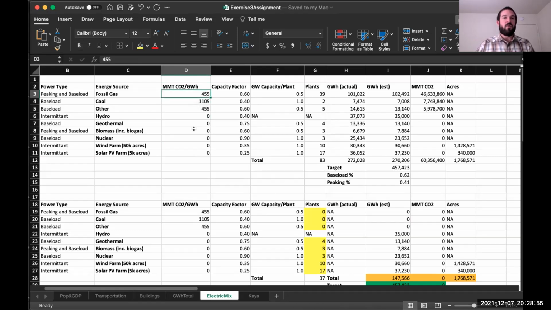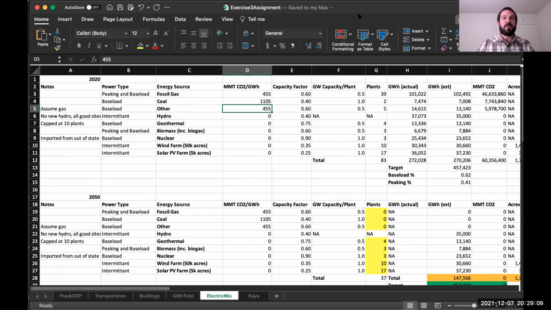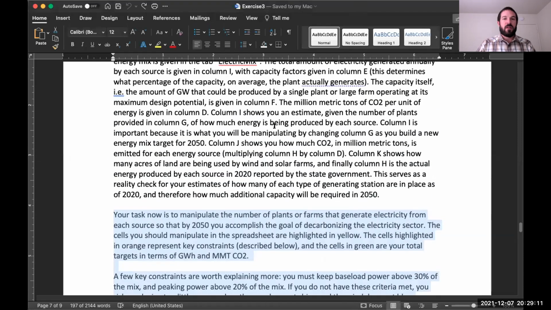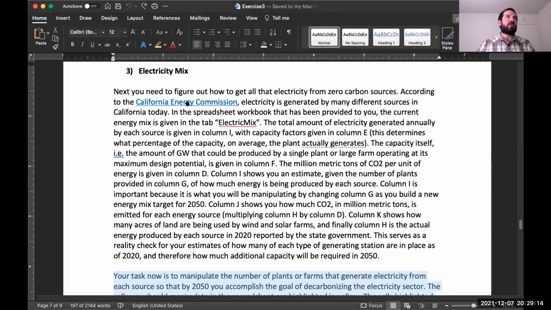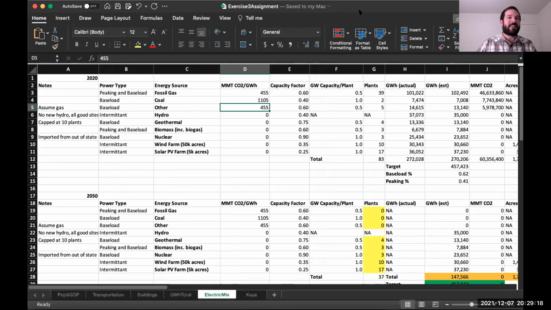For fossil gas, we're looking at half or thereabouts of coal. For other, we're just going to assume that other is gas. The reason there's an other category is because we went to the California Energy Commission website, and there's an other category on that website. So I had to make some assumptions about where that energy was coming from.